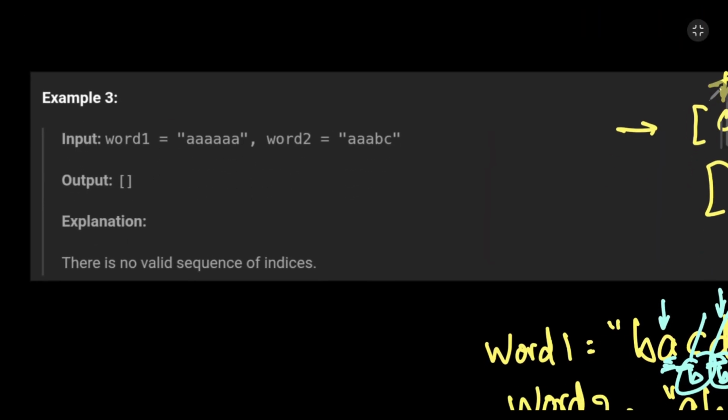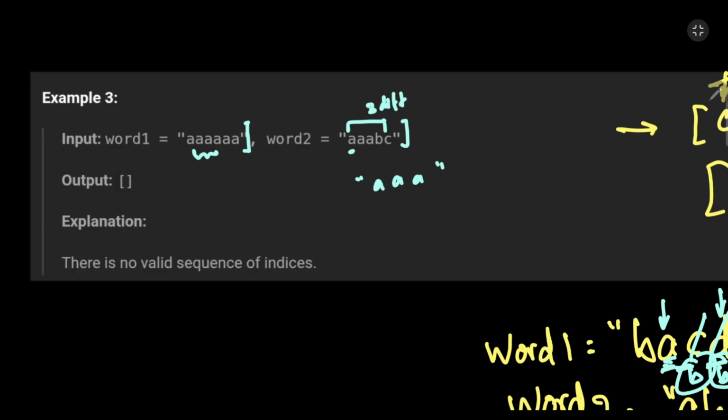And now we'll also look into this case where there exists no sequence in word1. Suppose you take this one and you have this word2. No matter what sequence you take, it will only come with all the characters being A. Now in this one we have 3 different characters.